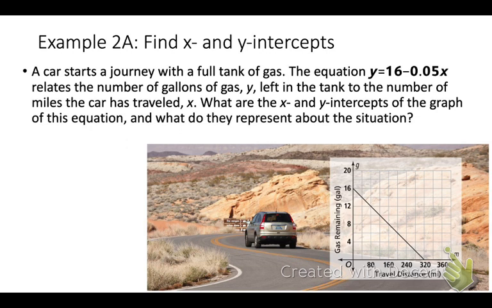So this equation is how much gas is in my tank, yes? So how much gas do I start with? 16 gallons, yes? So my graph is going to start at 16. Technically, does this graph continue past those axes if I were to graph that equation? But does that matter?